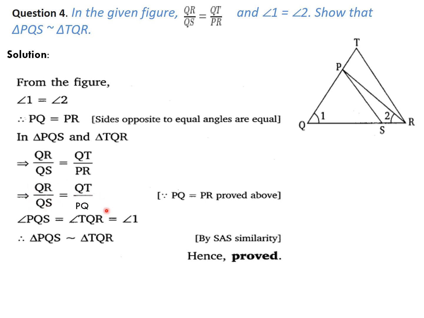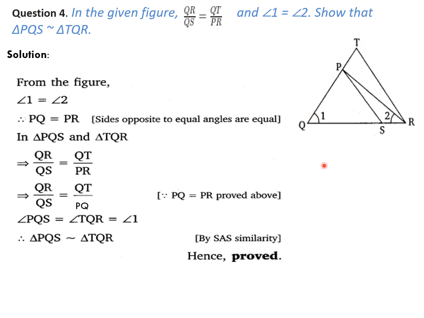So let's see this in the figure. In the figure we have two triangles, PQS and another TQR. With respect to the two triangles, we have the ratio QR by QS, and QT by PQ.